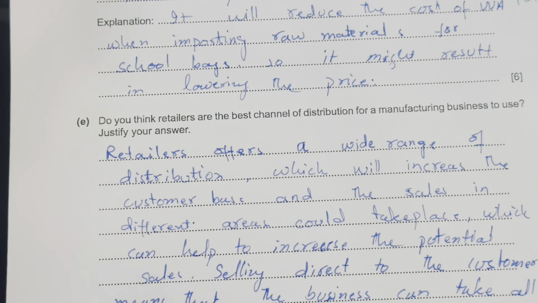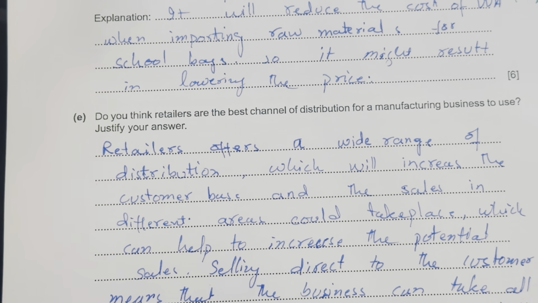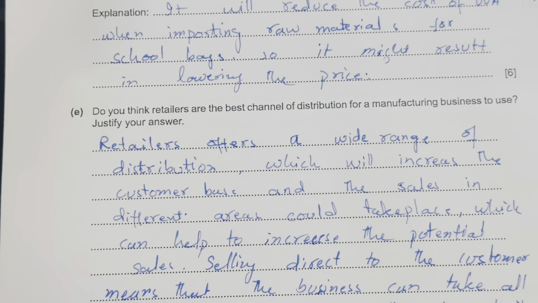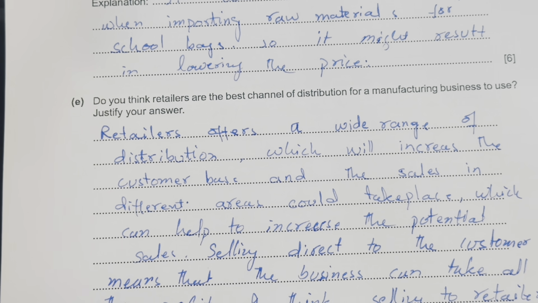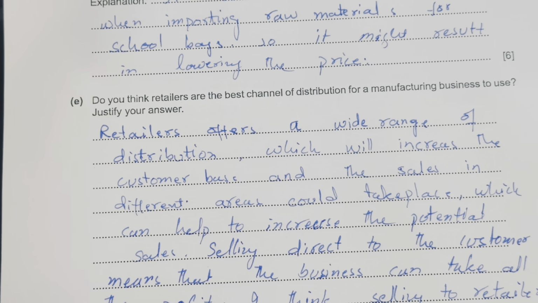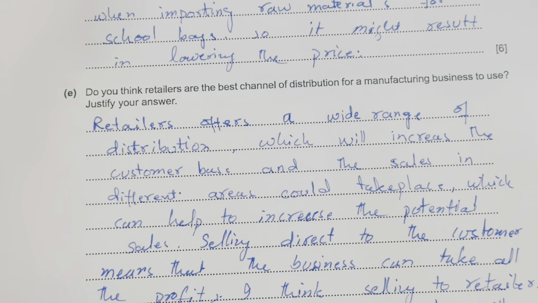The last part of question number 3 is: do you think retailers are the best channel of distribution for a manufacturing business to use? Justify your answer. Retailers offer a wide range of distribution which will increase the customer base, and sales in different areas could take place, which can help to increase the potential sales.